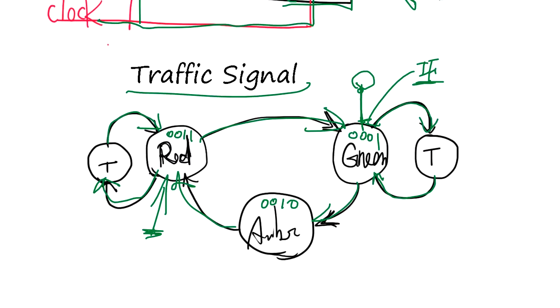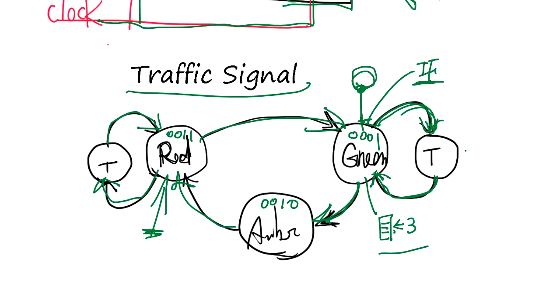If above a certain amount, it goes here, to the timer, and comes back. So if the amount of traffic is large, it stays green, but you cannot make it green forever. So inside there is a timer, and if extended, say 3 times, then it unconditionally goes to amber.